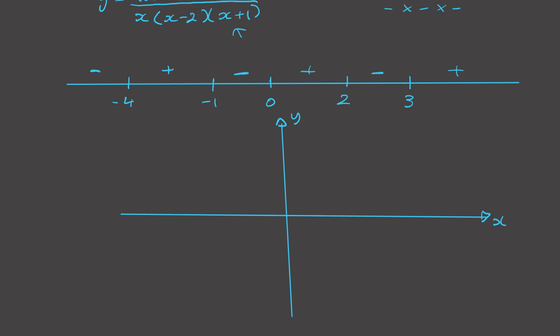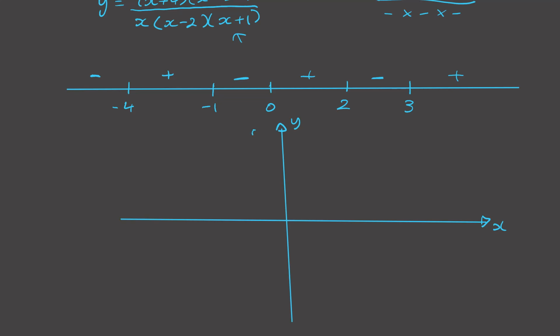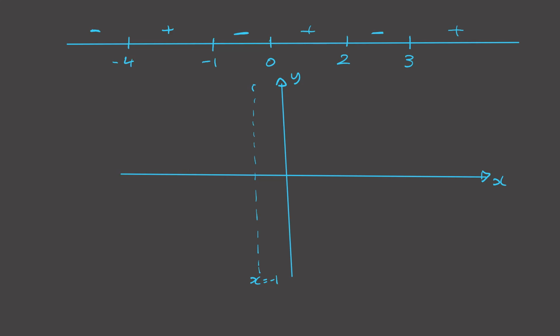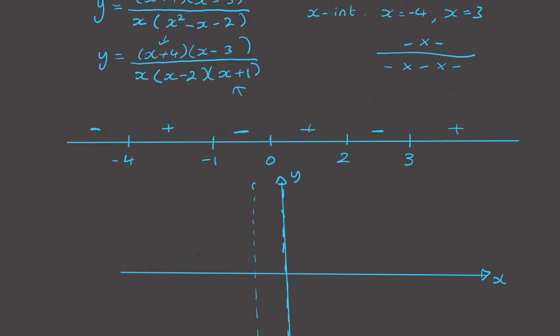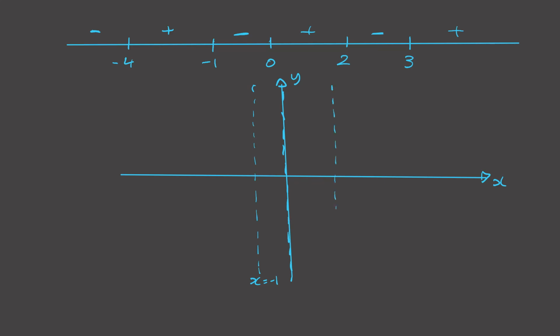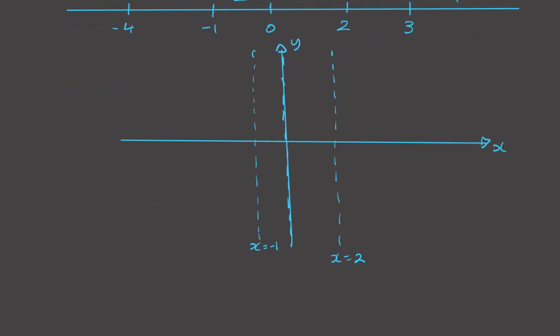So let's have a look. So our asymptotes are at negative 1. So we've got x equals negative 1. And we've got an asymptote, the y-axis itself is an asymptote. Then we've got x equals 2. Okay, we've got our x-intercepts at negative 4 and at 3.